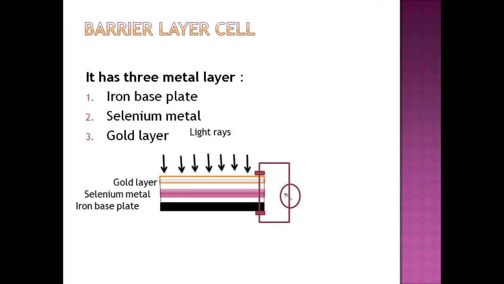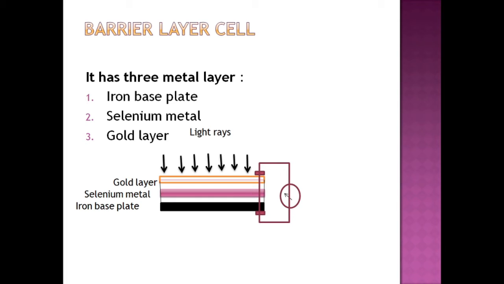Once the electrons flow toward gold, and if the external circuit is closed, the current starts to be produced, and this amount of current is measured in a galvanometer.